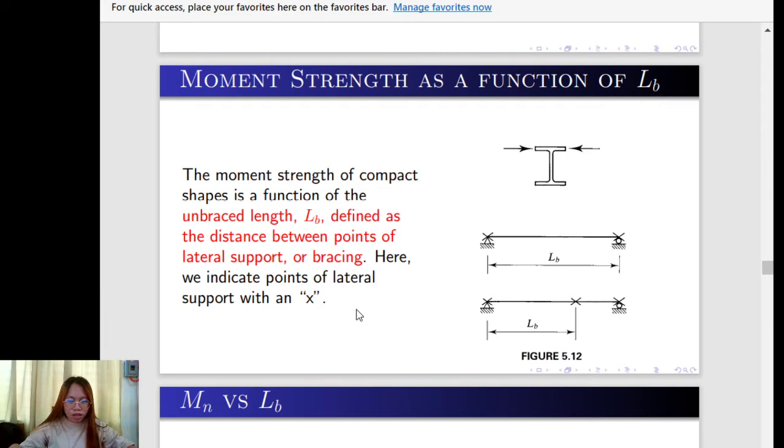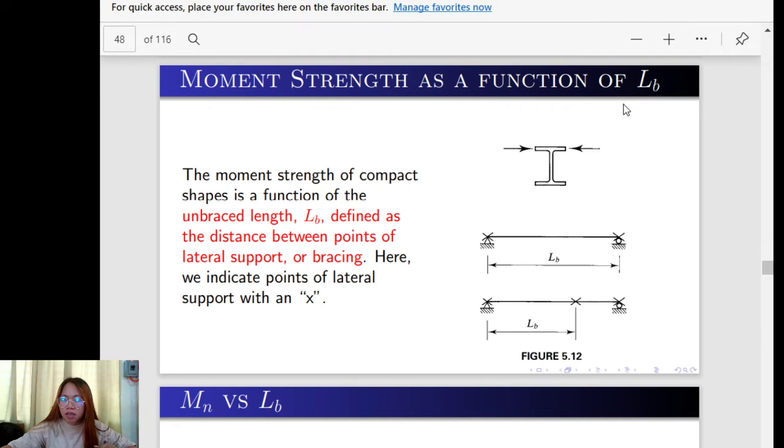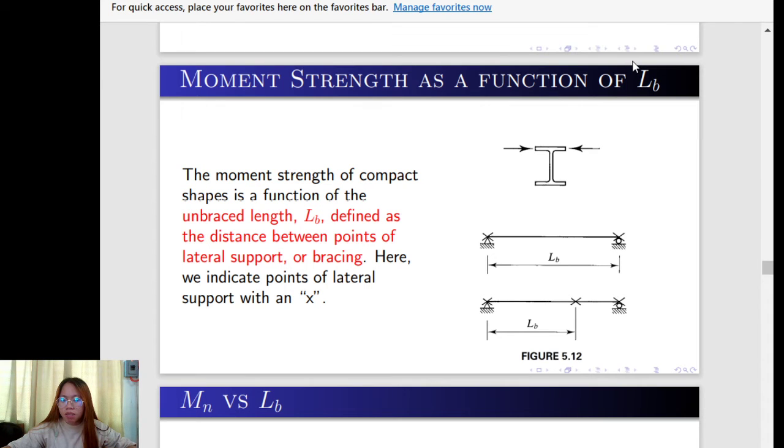Hello, good day. We're now on moment strength as a function of LB. If you happen to see the recent videos that I uploaded from YouTube by Dr. Muhammad, this moment strength as a function of LB was already discussed.